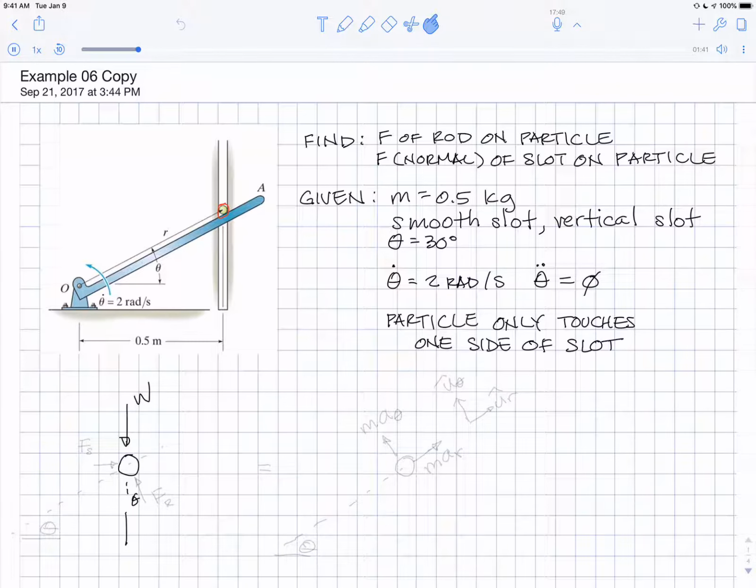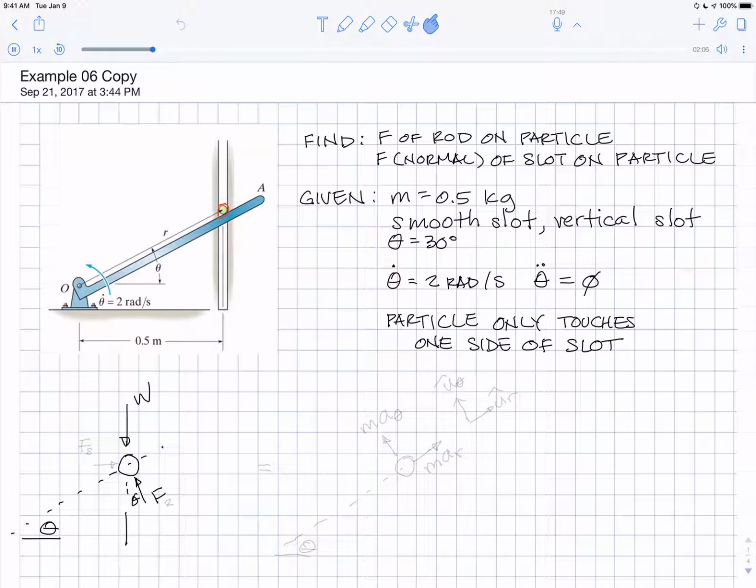Okay, and so the forces are on there. Because the rod is smooth, there is a normal force here from the rod, and let me just draw in the dot of the rod there, and that's the angle theta.